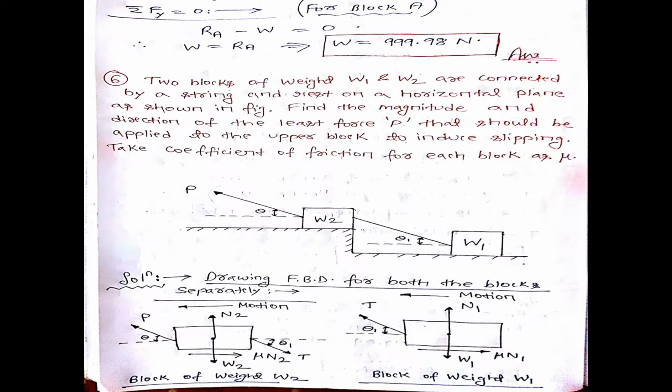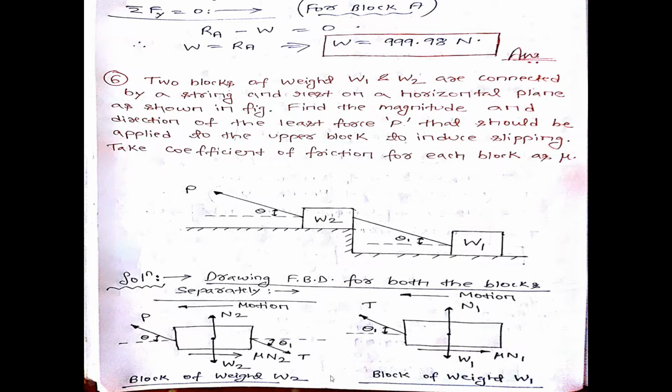The problem is: two blocks of weight W1 and W2 are connected by a string. You can see that this is block W1 and this is block W2. Both are connected by a common string, and that string is making an angle theta 1 with respect to the horizontal from the first block.